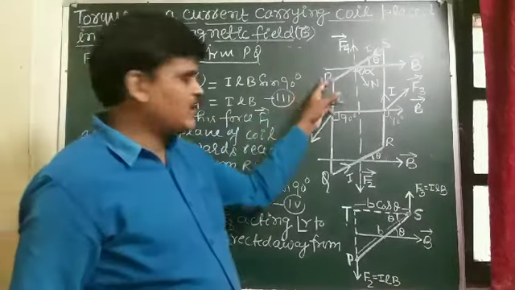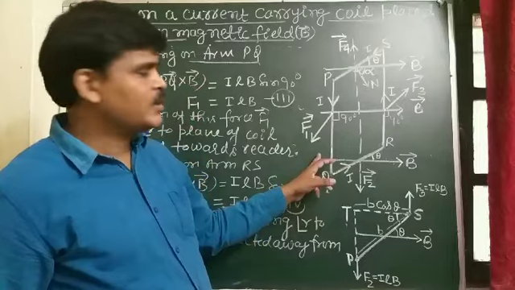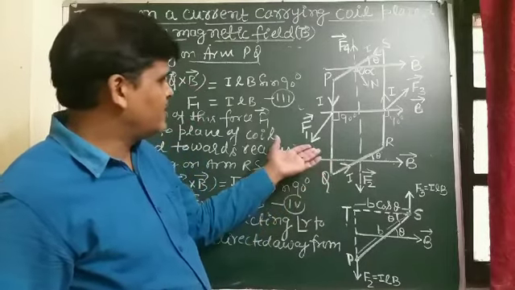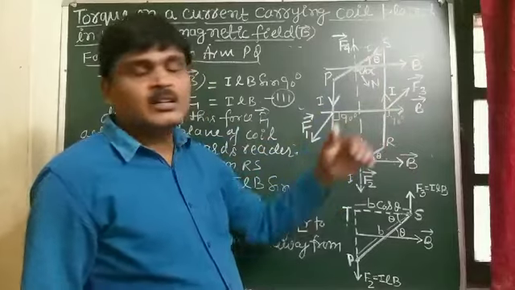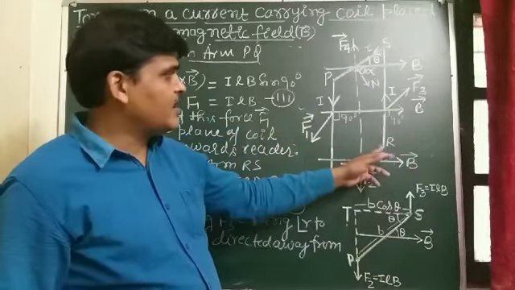So force on arm PQ is directed towards the reader, and force on arm RS is acting away from the reader.